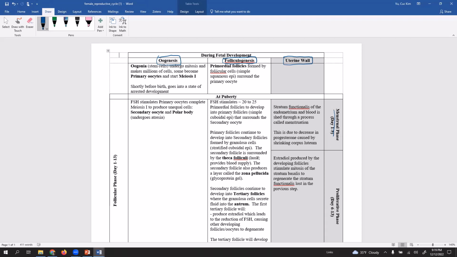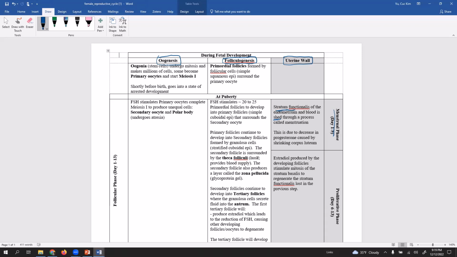And that's what I want you to associate with. So from day one in a month, which is 28 to 30 days, day 1 to day 5 is the menstrual phase. What's happening here? The stratum functionalis is being shed. So you have your period.